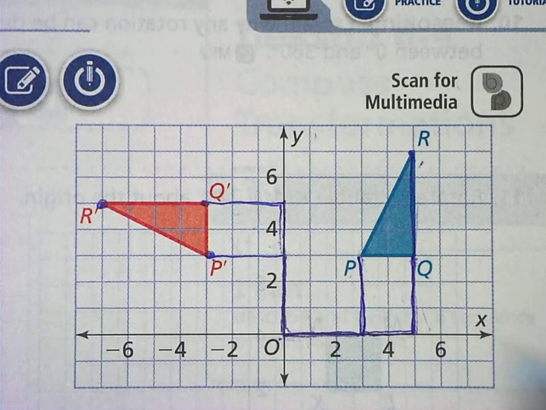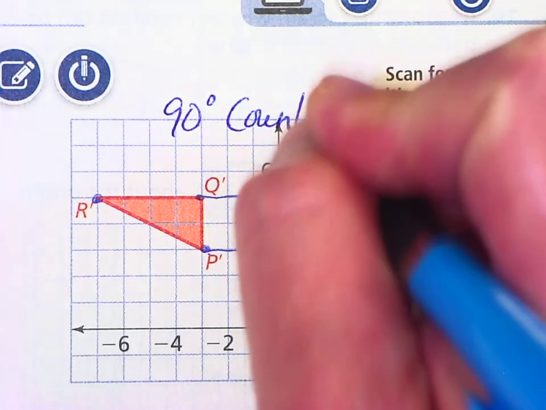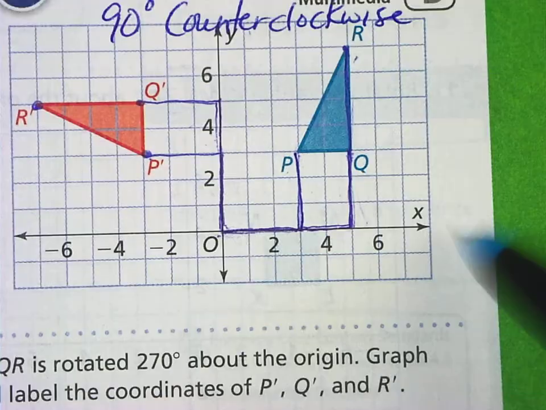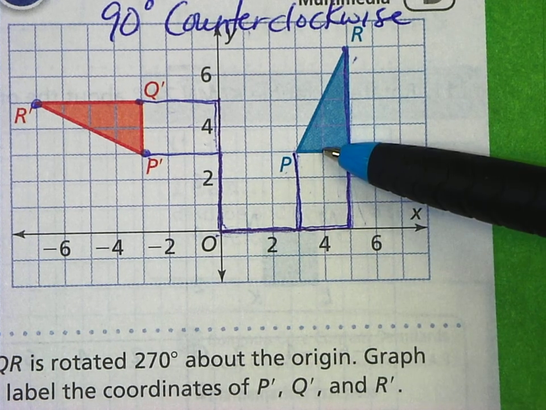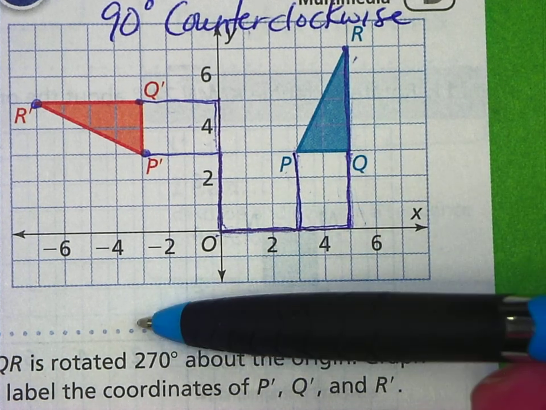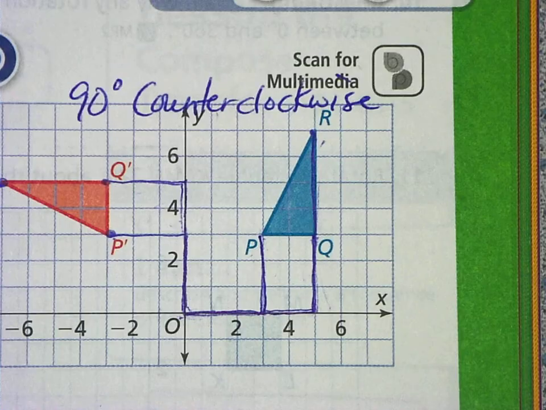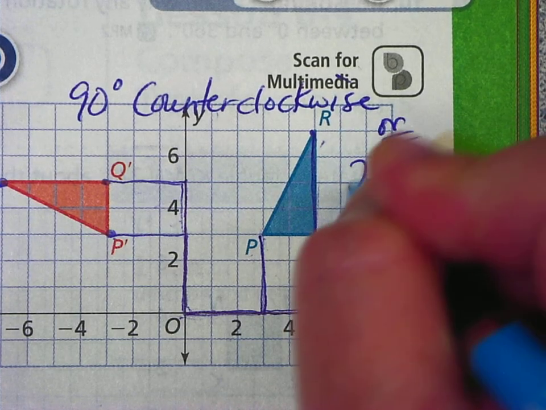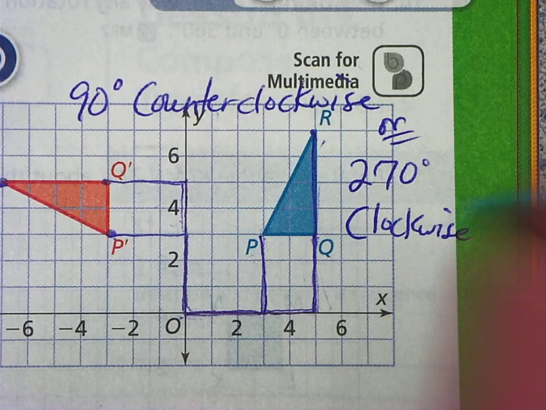So the angle of rotation was 90 degrees counterclockwise. Or if we actually turn clockwise, we would make 1, 2, 3 turns to the right. So 90 degrees counterclockwise would be the same as 270 degrees clockwise, the other direction.